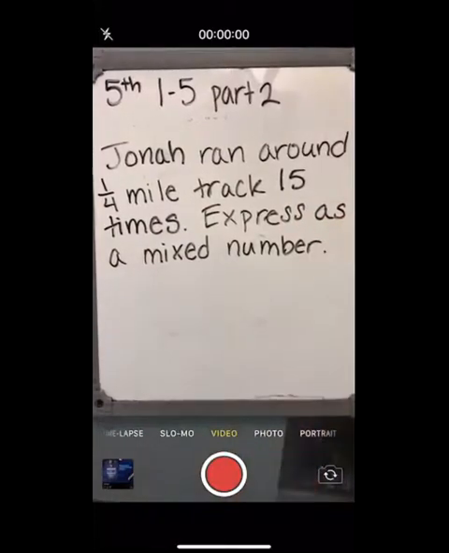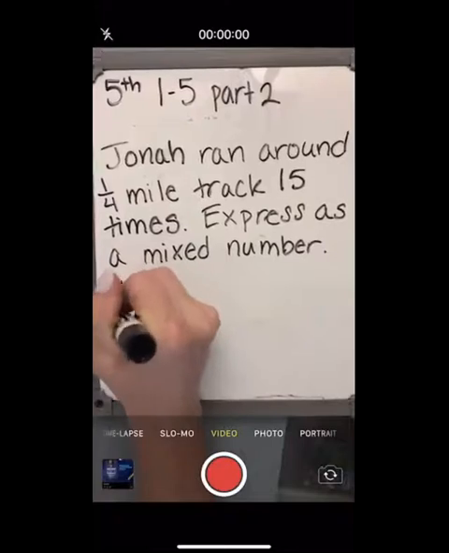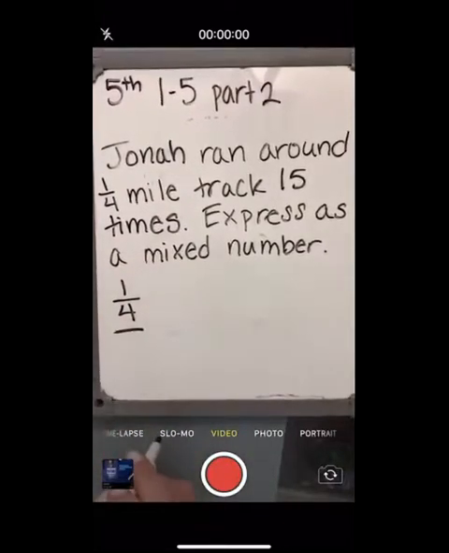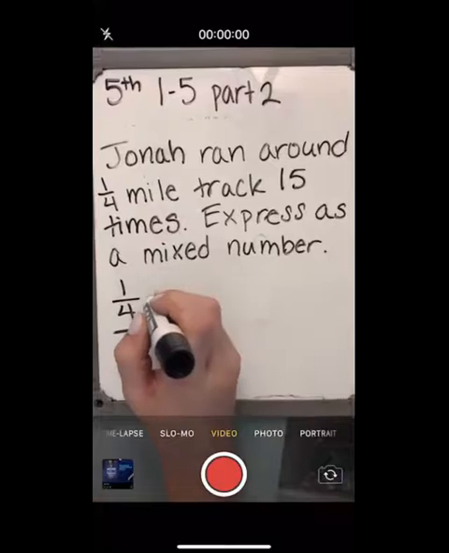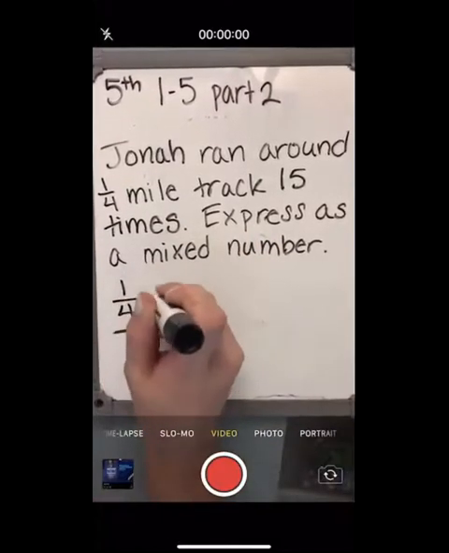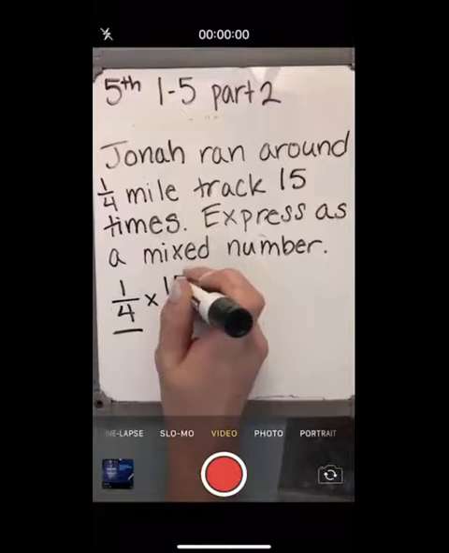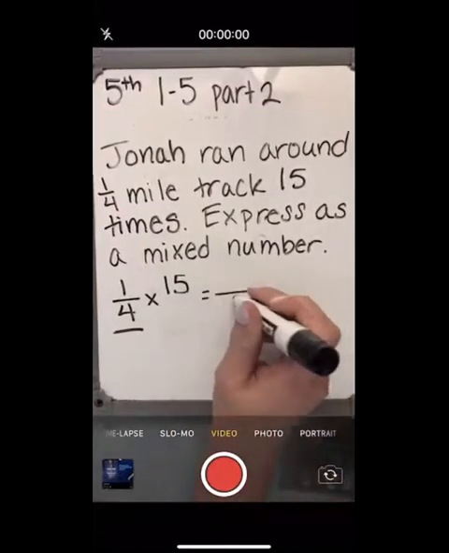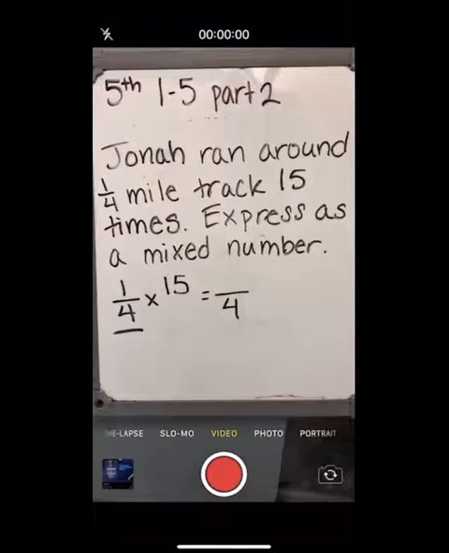Okay, so here's what we got. We got Jonah. 1/4 mile is what we're working in. So I know right now I'm working in fourths. And he did this 15 times. I see my keyword here, times, so I'm going to do times 15. We want this to stay in fourths, guys. This doesn't change.